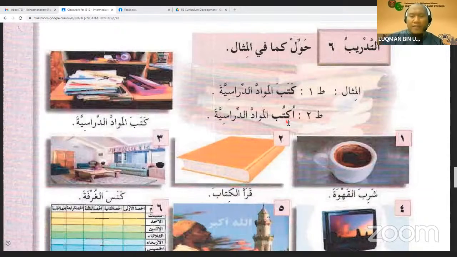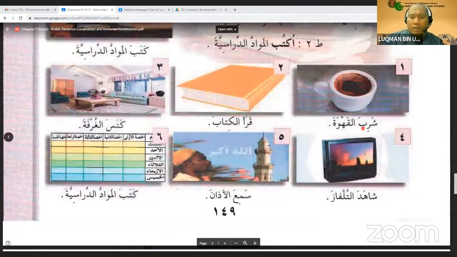Now you are commanding someone to do the act. So اكتب المواد الدراسية. Write the class subjects.